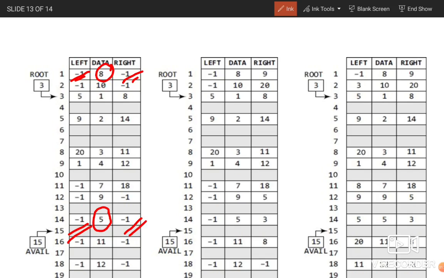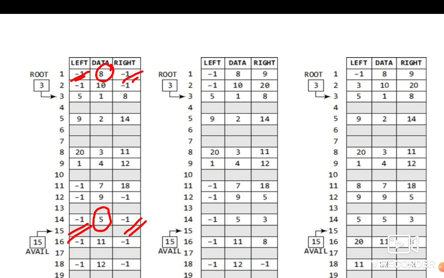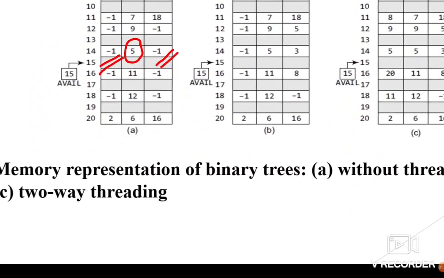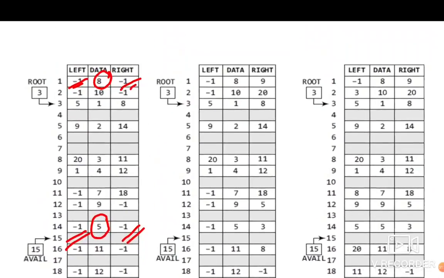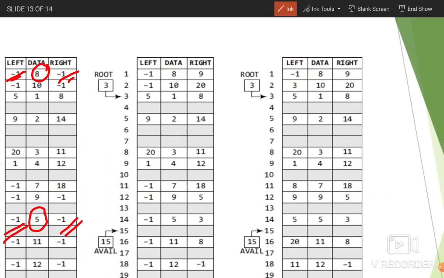The second figure shows the linked representation of the binary tree with one-way threading. See the figure. In the left field, we can store the null pointers, but in the right field, we cannot store the null pointer. Instead of storing the null pointer, we have to store the in-order successor of the particular node.